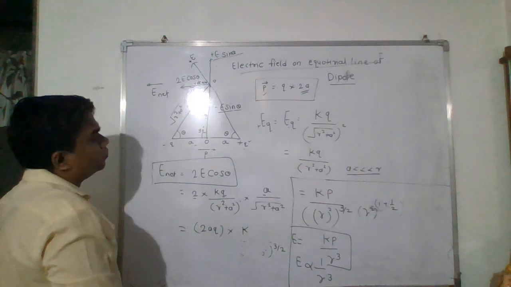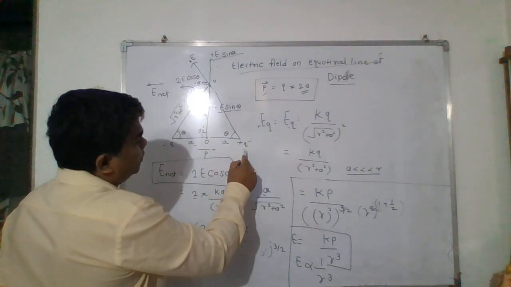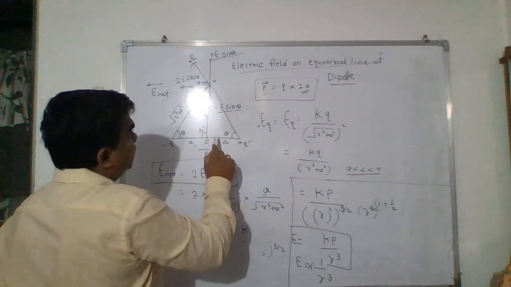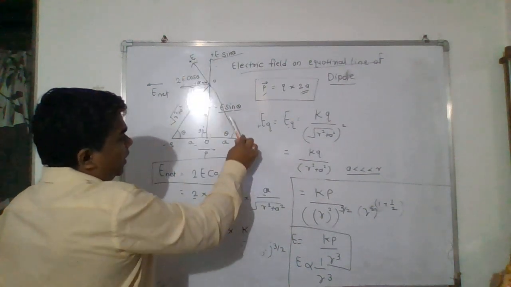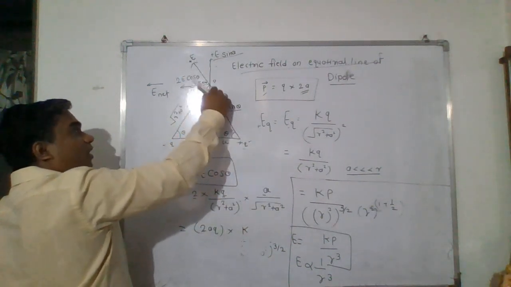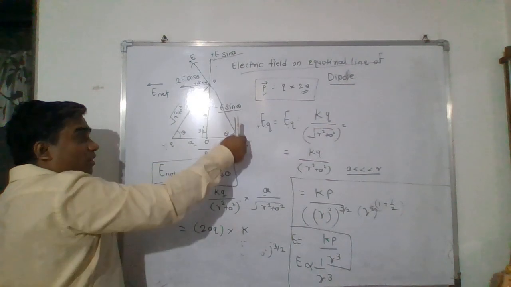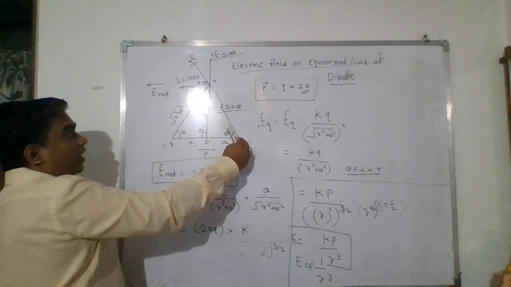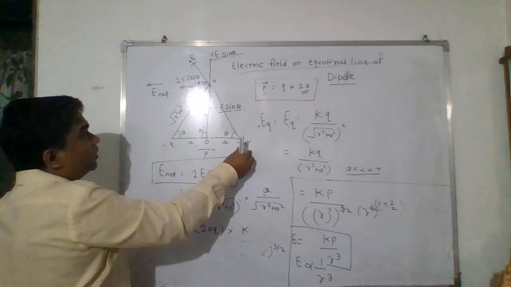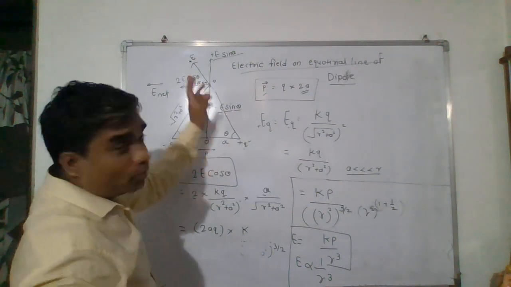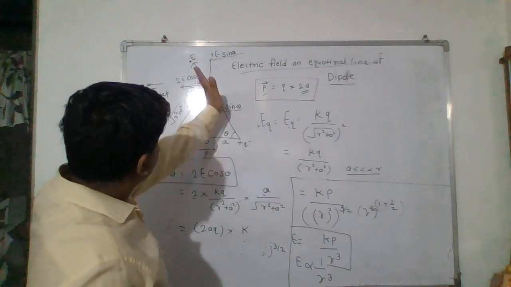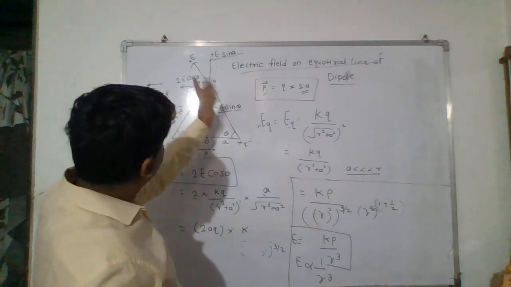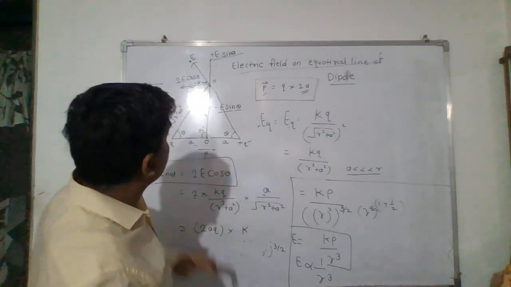Now because of this plus q, the electrical field at P is plus E, which acts along this line q to P, and acts away from the charge plus q. So its direction is along this line and away from this plus q charge.